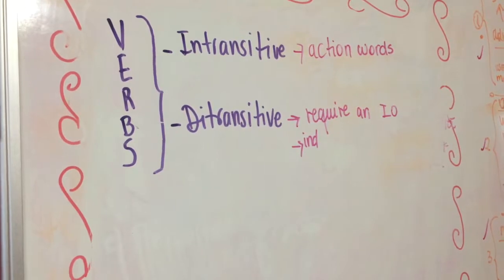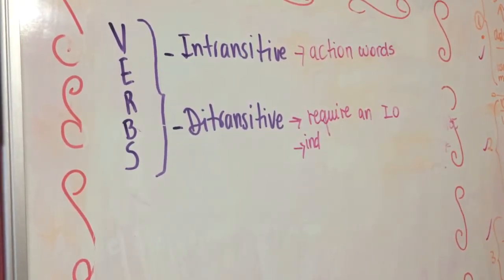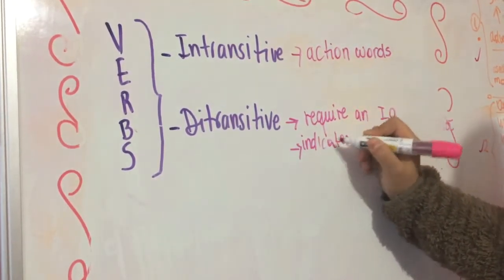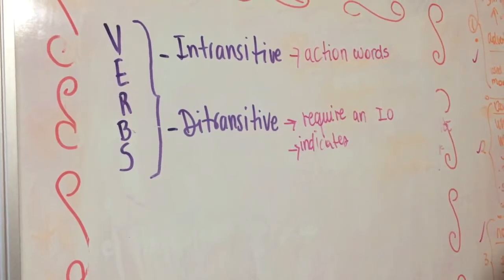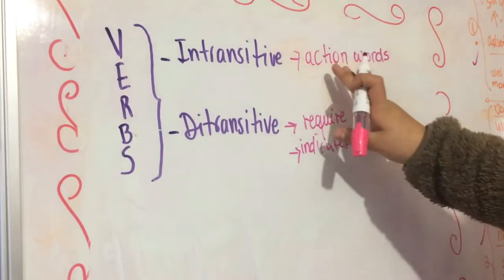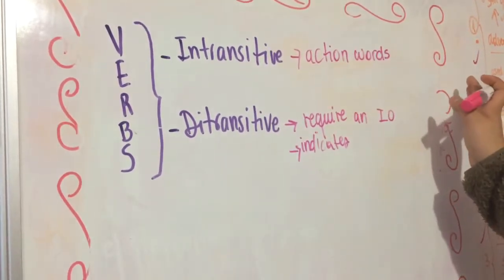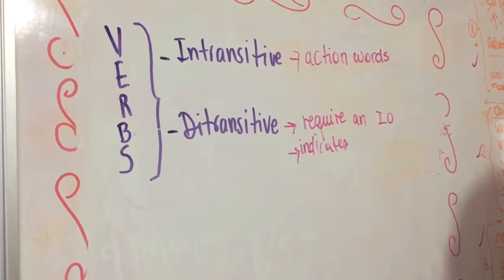The transitive verbs require an indirect object, and indicate the things or person for whom the action is done. So intransitive are only action words that do not need anything after the verb, and the transitive verb first requires an indirect object and indicates a thing or person.